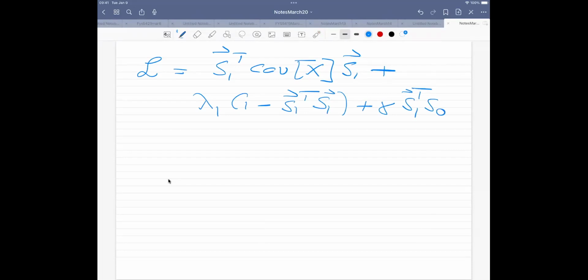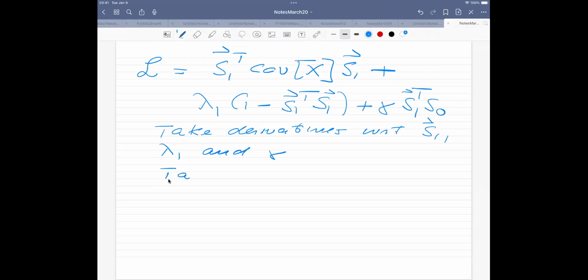And I want that one to be 0. So what I do now is I take derivatives with respect to S1, lambda 1, and gamma.